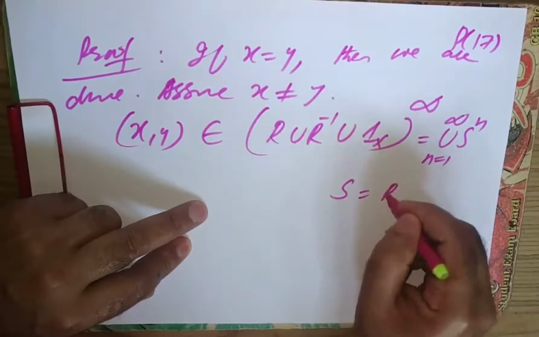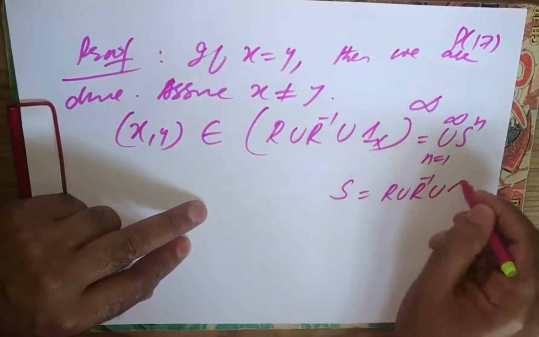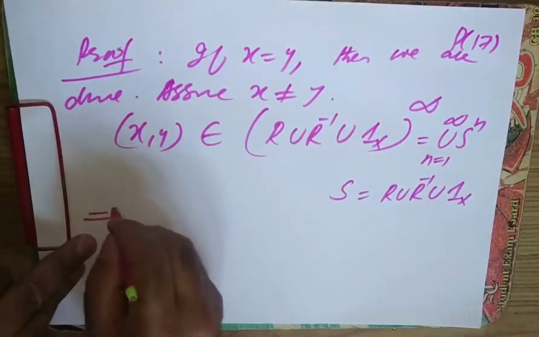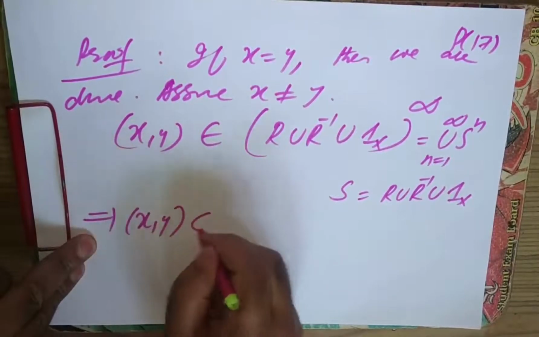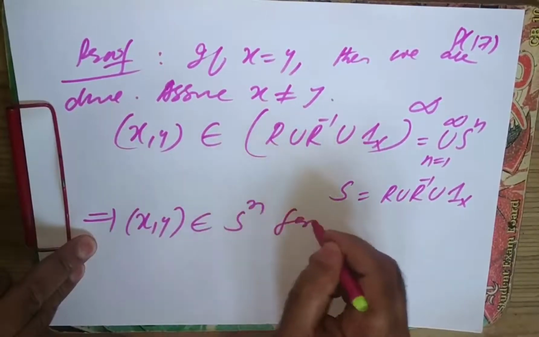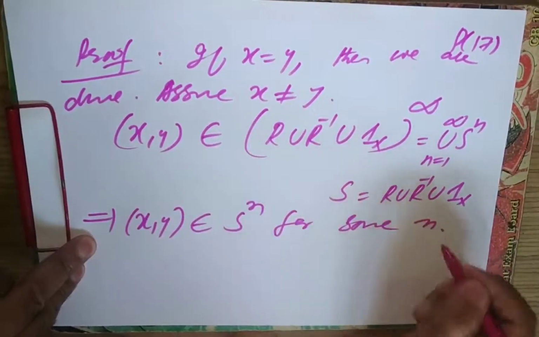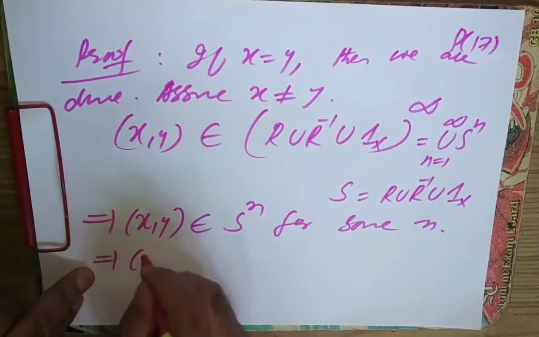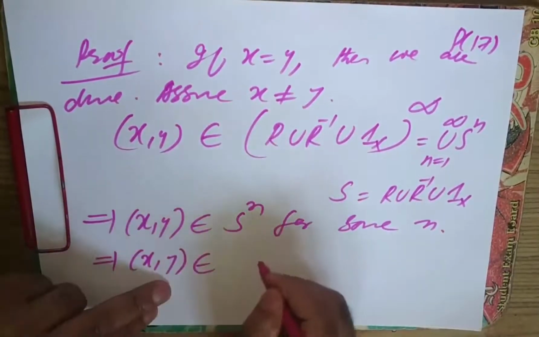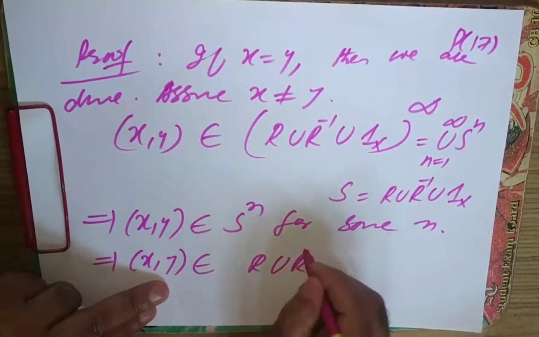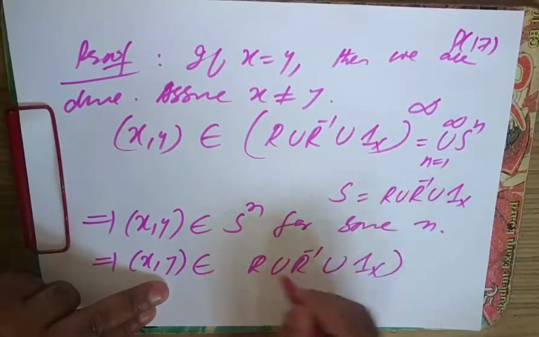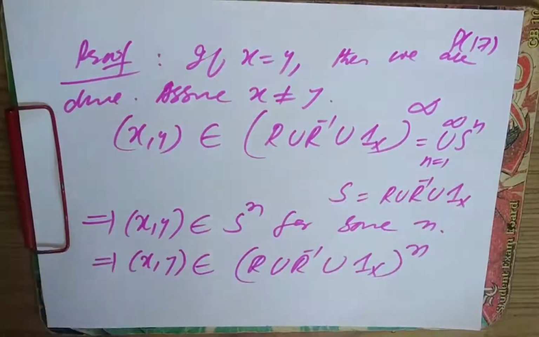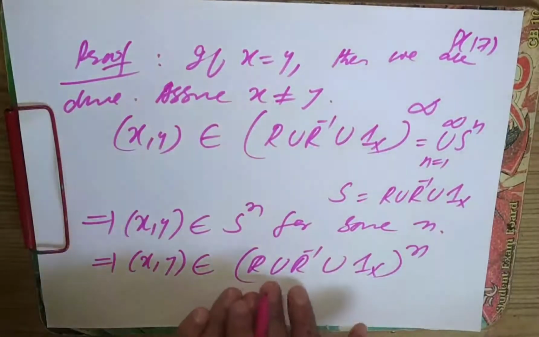S is equal to R union R inverse union Ix. So this means X comma Y belongs to Sn for some n. So that means X comma Y belongs to R union R inverse union Ix power n composition. This relation is composed n times.